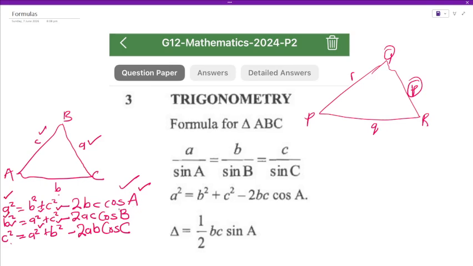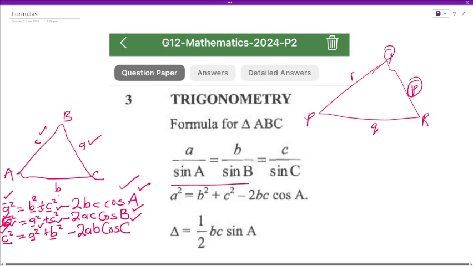You're finding B here, the angle at B. Side C there, the angle at C. But in every question you need to have A, B, C. As you can see here, there is A, there is B, there is C there. So that is basically how you derive this formula.